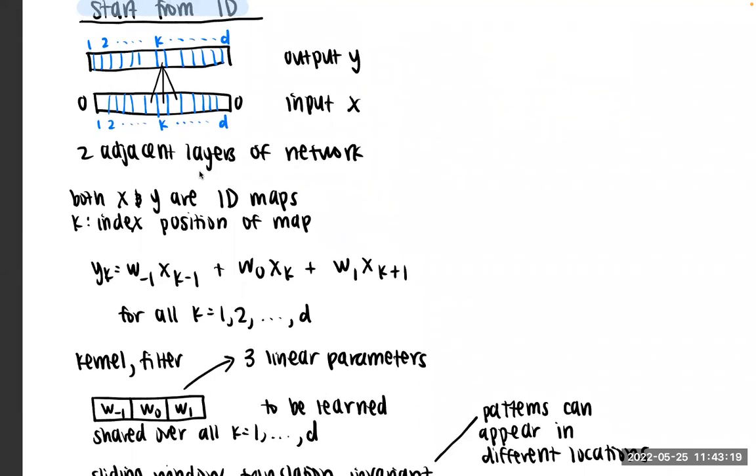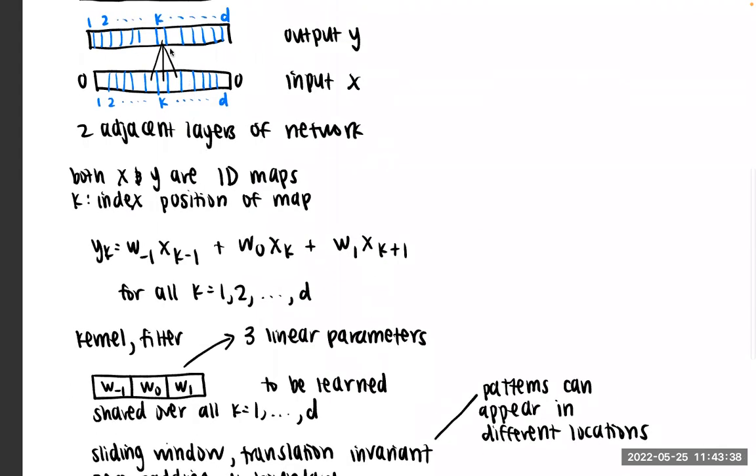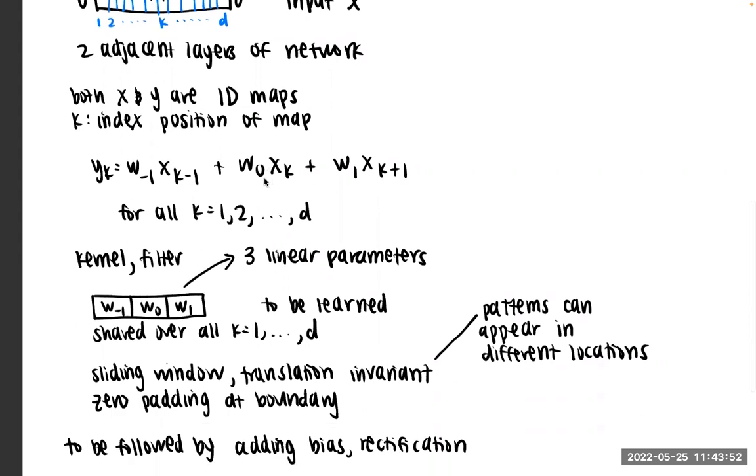Because as I said before, an object can appear at any location, and in order to detect the object, you perform the same type of operations at all the different locations. So this is called the shared weights. So the weights are shared at all the locations, and this kernel, or this filter, is illustrated by these connection weights, which are shared at all the locations.